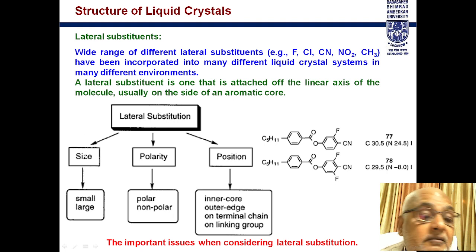Lateral substitution: size, it can be small, it can be large. Polarity, it may be polar, it may be not polar. Position, it may be inner core, it can be outer edge, on the terminal chain or on the linking group like this.